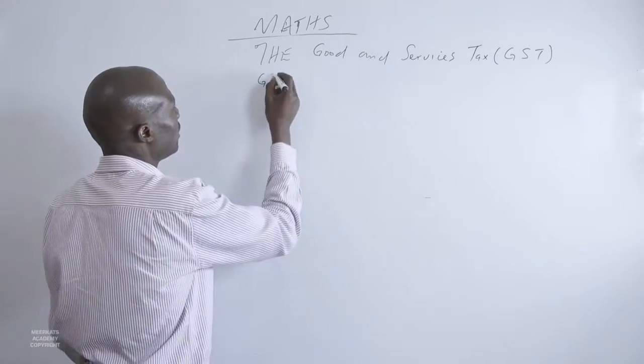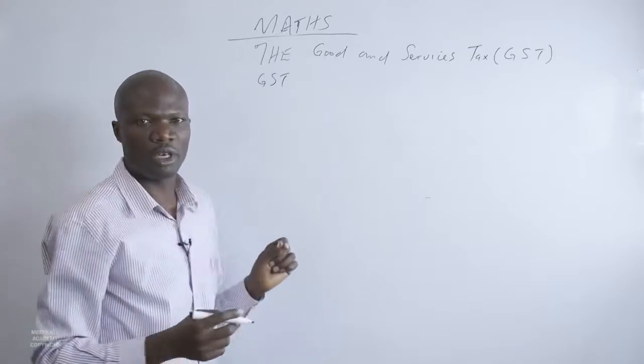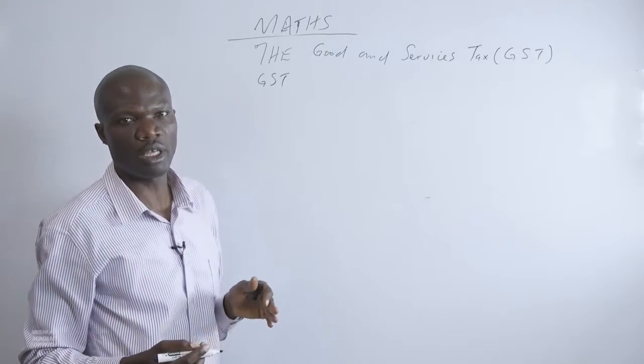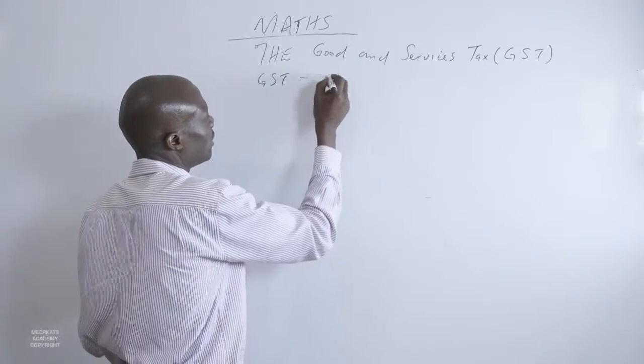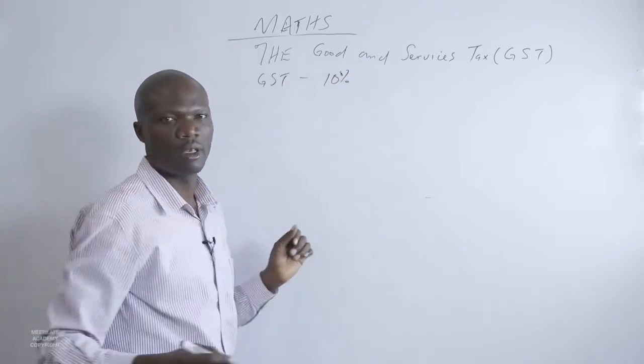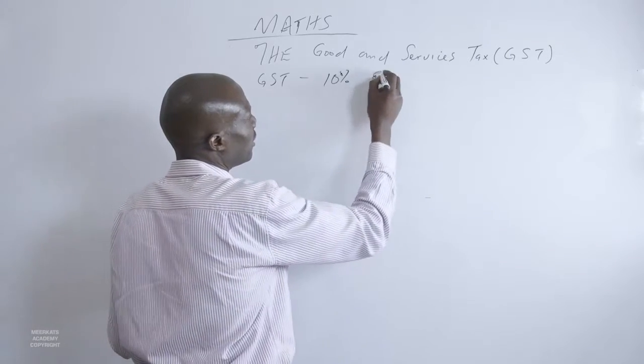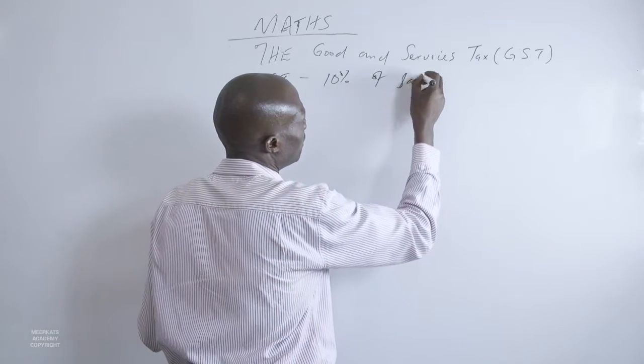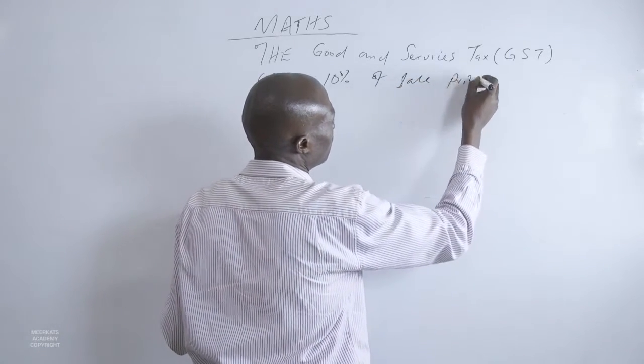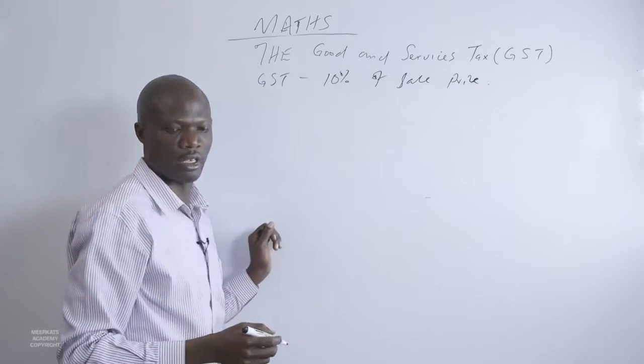Mostly the GST will depend on the country's economy. In Australia, it is charged at 10%, and this 10% is of the selling price.